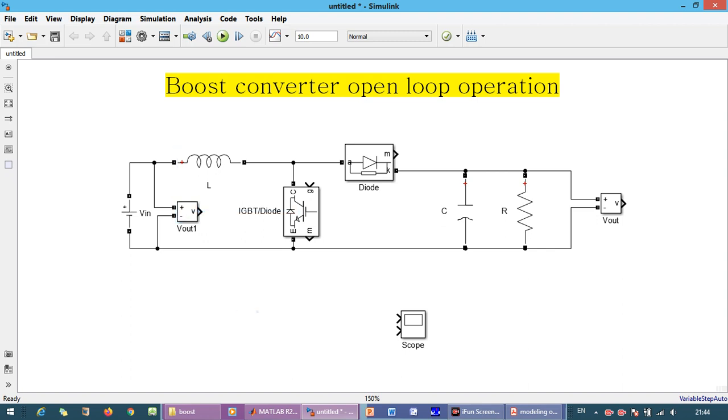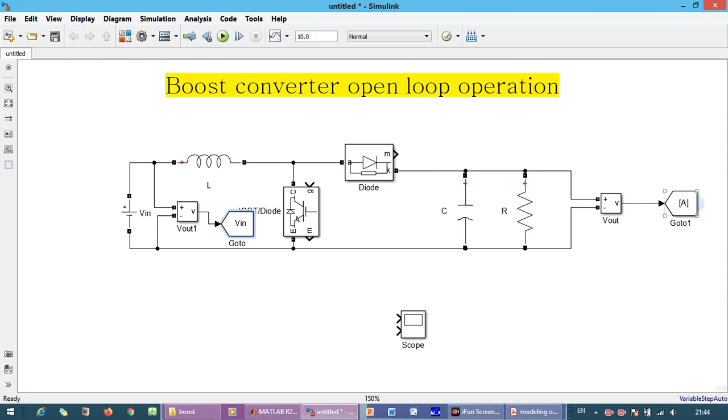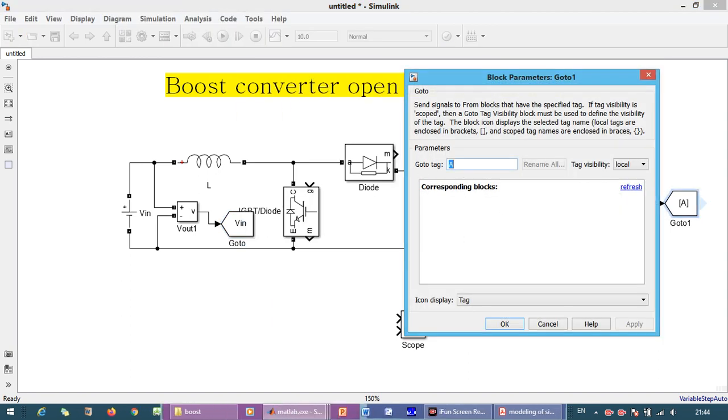Okay, now we need Go To blocks. This is V input, and the tag visibility we just make global. Here this is V out, and the tag visibility we just make global.